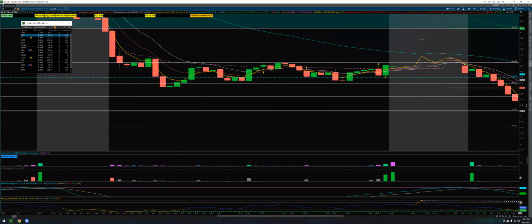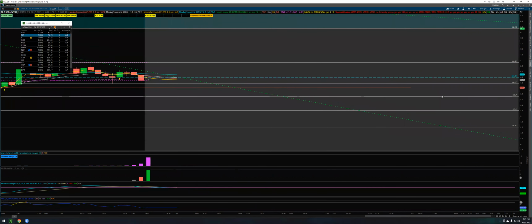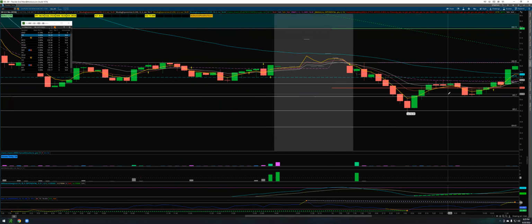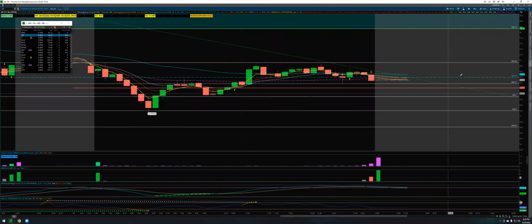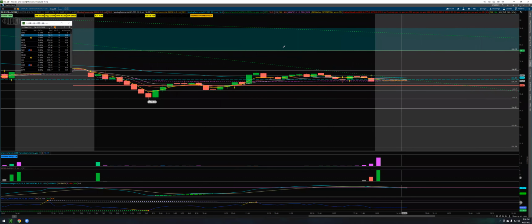So I know that if we break 56.92, we go quick to 58.14. And that is a strong resistance. Why? Because it's the beginning of the gap that we already identified.